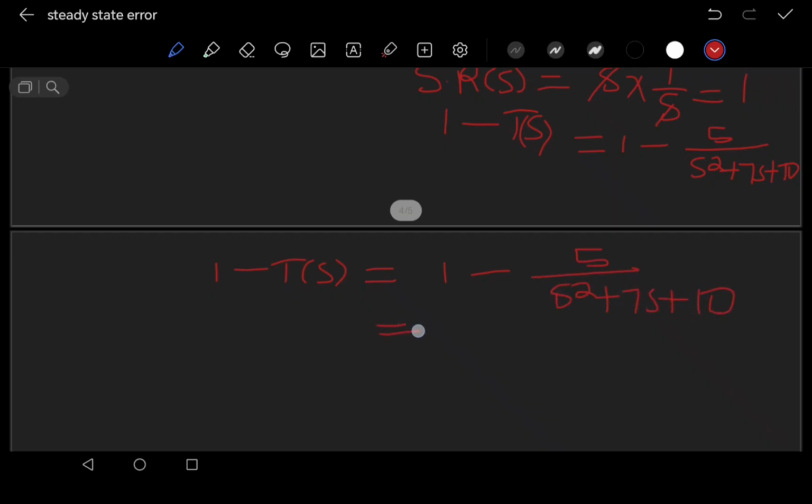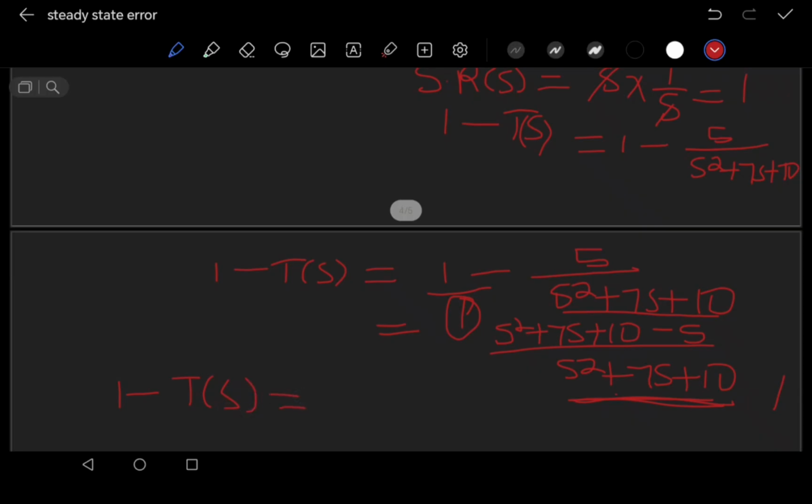Then we use the fraction rule. How many times does the denominator go into 1? It goes 1 time, so we have s squared plus 7s plus 10, and then minus 5. So 1 minus T(s) equals s squared plus 7s plus 5 divided by s squared plus 7s plus 10.